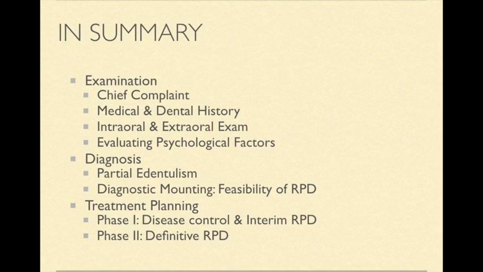So in summary, the procedure to make a removable partial denture at the very beginning is to do examinations to get all the chief complaints and past medical and dental history, and do all intraoral and extraoral examinations. Also remember to evaluate the patient's psychological factors, then you come up with your diagnosis. When you have your diagnosis, you also need the diagnostic cast mounting and evaluation. When you finish those, you will finish your preliminary surveying and come up with your RPD framework design.